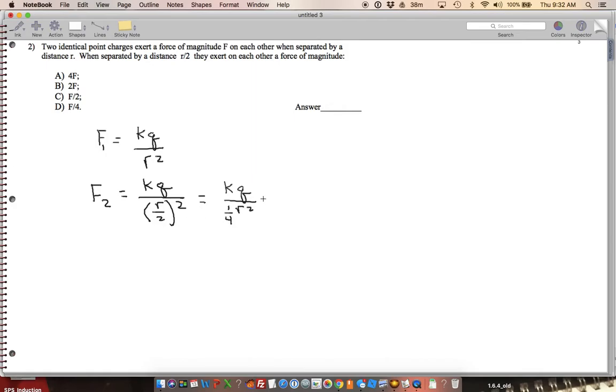That's squared, so I'm going to get 4 KQ over R squared. And this KQ over R squared is just F1. So F2 is equal to 4 times F1. So my answer is A.